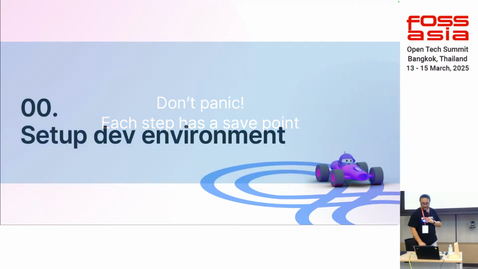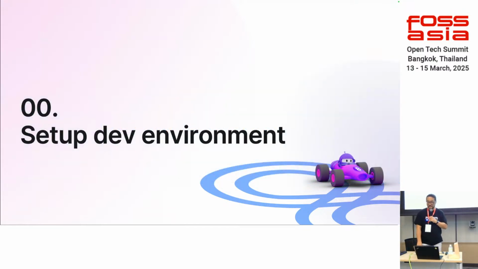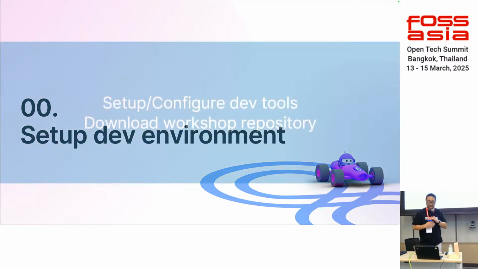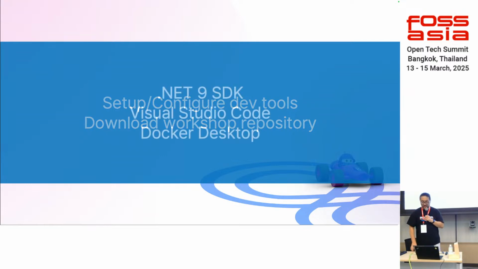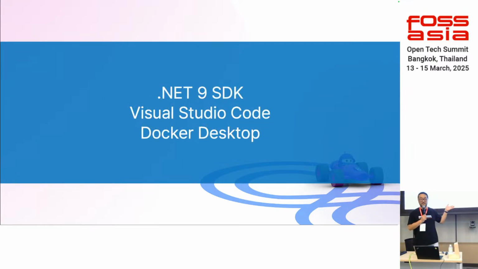All right. The first step is setting up the developer environment. I will give you around 10 minutes for setting this up. Clone this workshop repository onto your local machine. This setup includes the .NET 9 SDK installation on your machine, Visual Studio Code installed on your machine, as well as Docker Desktop.